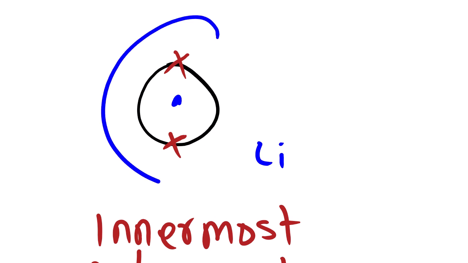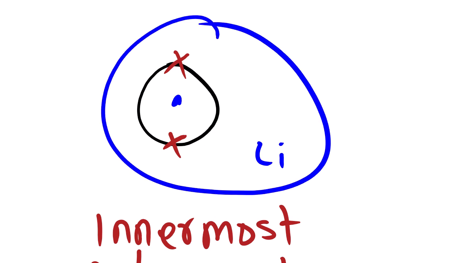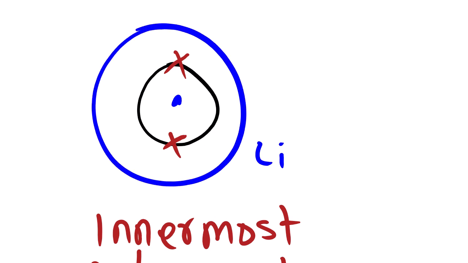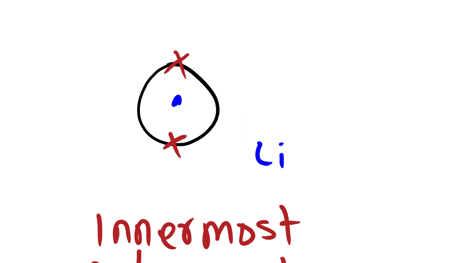So this lithium will be happy to stay with this shell because it is full. Lithium will always try to be stable by losing this other electron that is on the outermost shell, so that the shell will disappear, and this electronic configuration will become the stable form of this element.